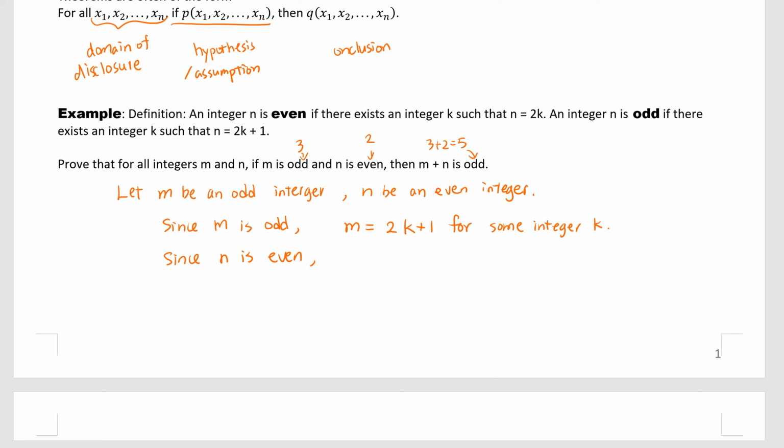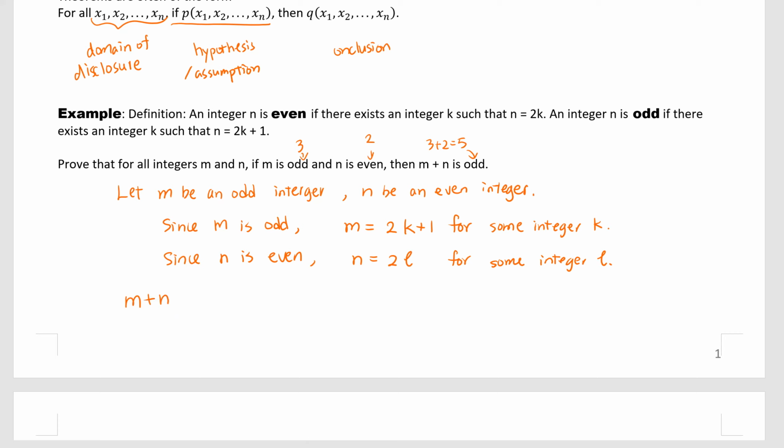And because n is even, then n equals 2 times l, for some integer l.